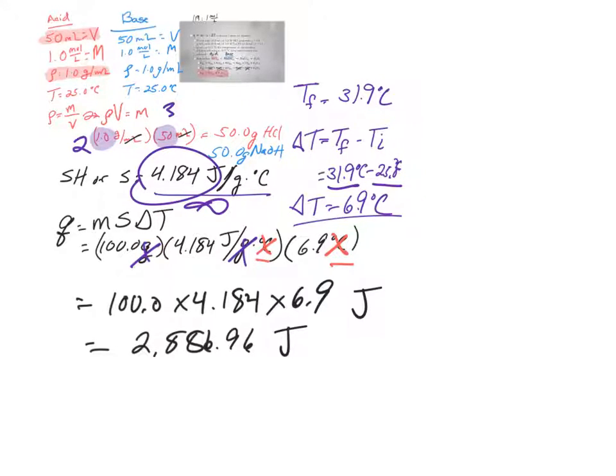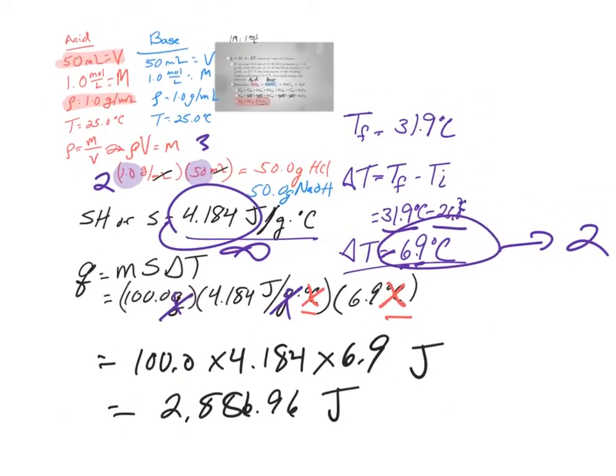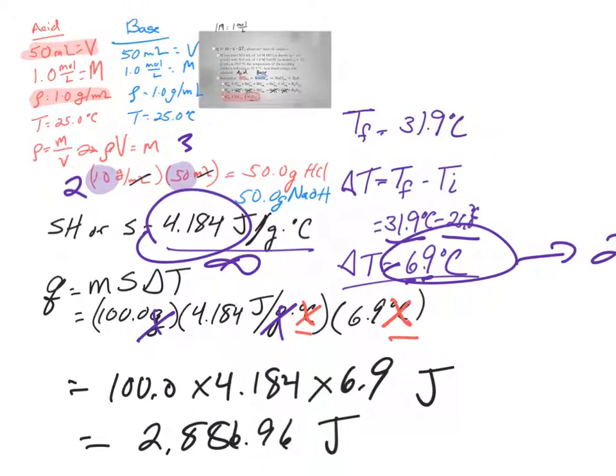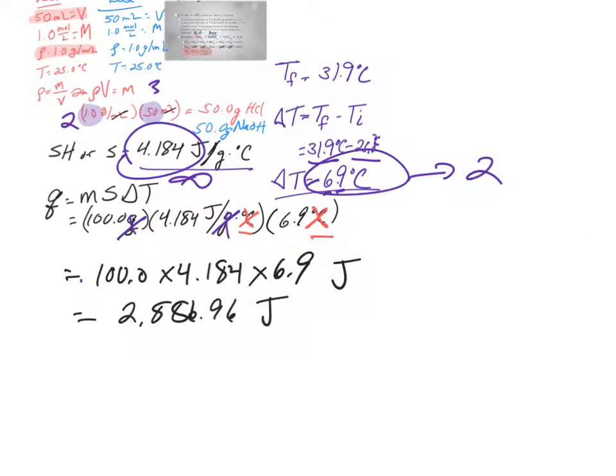So they each had 1, so that leaves us 1 there, but we've got the 6, so there's 2 significant figures for 6.9. And the 100 was 100.0 since we added 50.0 to get those. So that right there is actually 4 significant figures. And so we have 4, we've got infinity, and we've got 2.